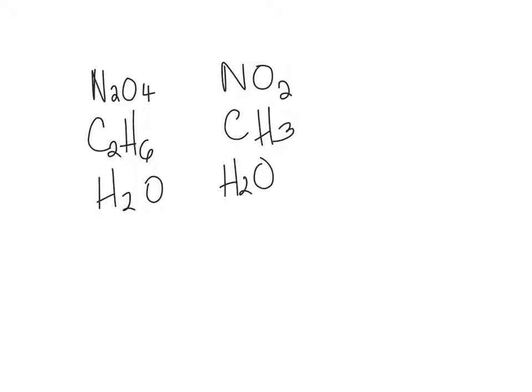So we're going to do an example. What is the empirical formula for a compound with a percent composition 79.9% carbon, 20.1% hydrogen.